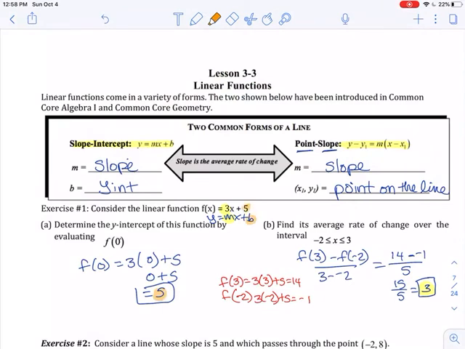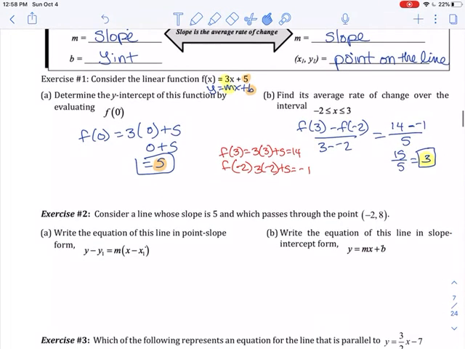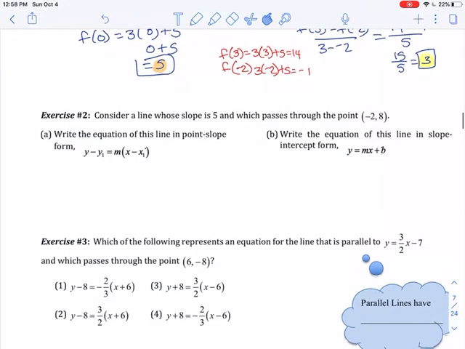Okay, and again, I'll highlight this also. My y-intercept is my b, and that wound up being 5. So this is just showing you how the slope and the y-intercept, we can actually find, and they wind up being the numbers, the m and the b.